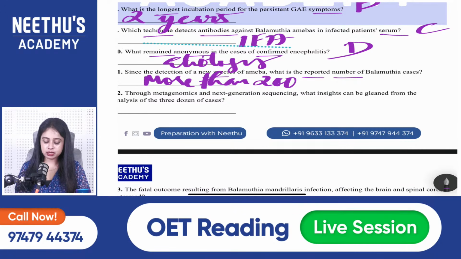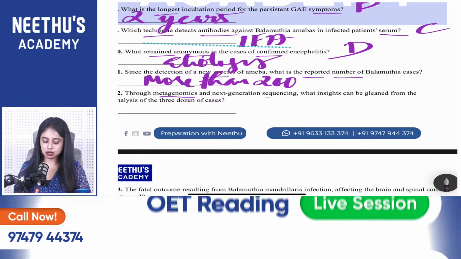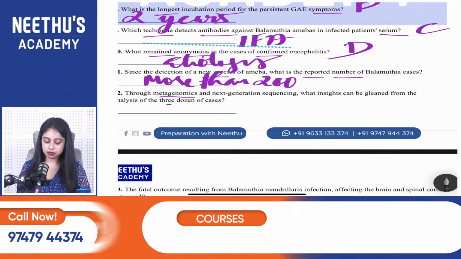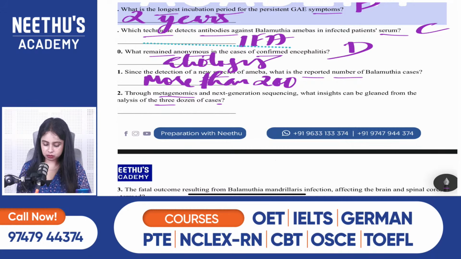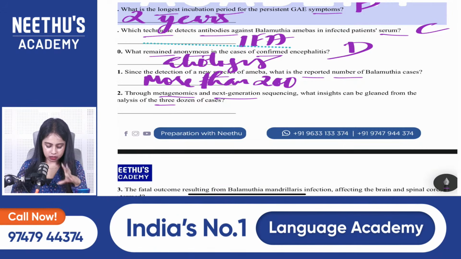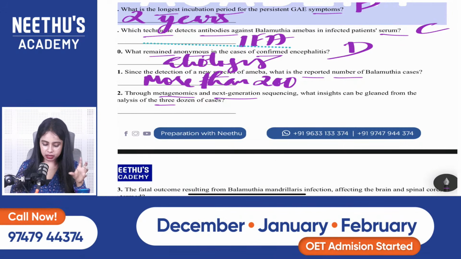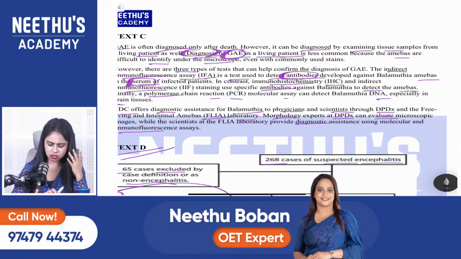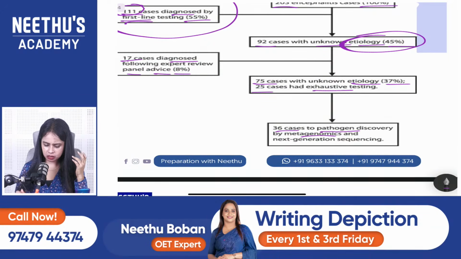Twelfth one. Through metagenomics and next generation sequencing, what insights can be gleaned from analysis of 36 cases? Clear? So my keywords are metagenomics, next generation, 36. And where are these particular keywords mentioned? I've seen these keywords here in text D, right?